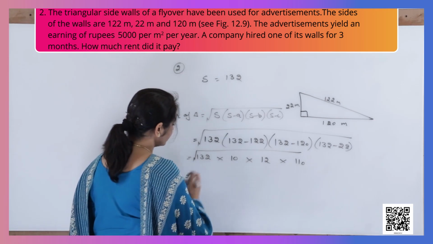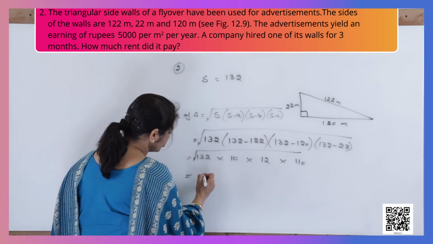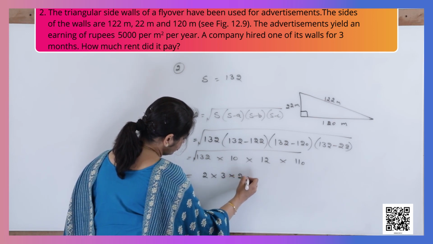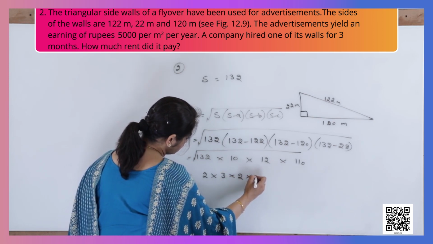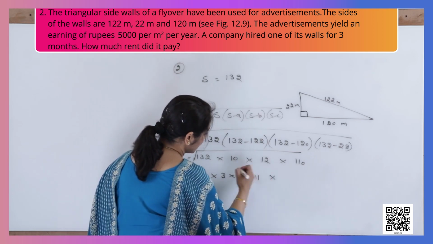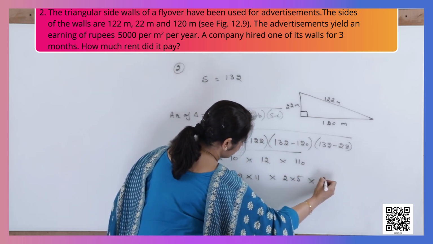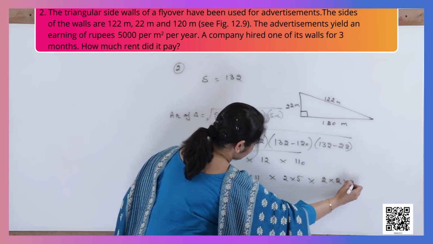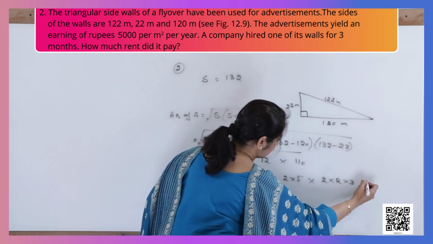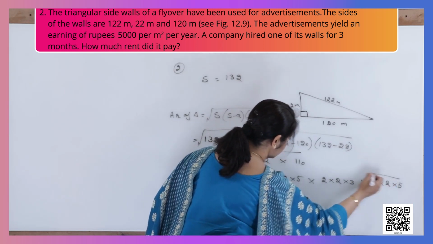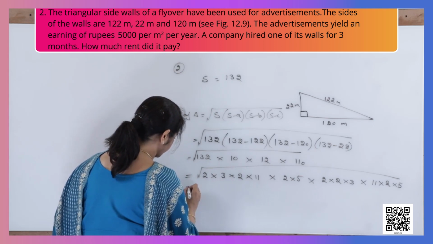Now, the prime factors of 132 will be 2 into 3 into 2 into 11. 10 can be written as 2 into 5. For 12, we can write 2 into 2 into 3. And for 110, we can write 11 into 2 into 5 under the root.